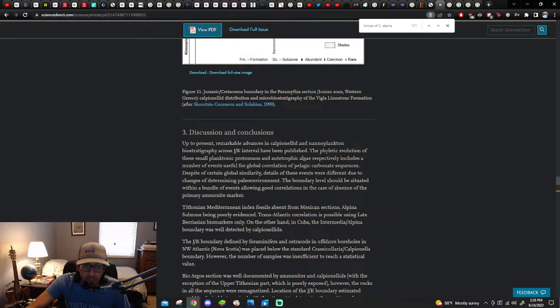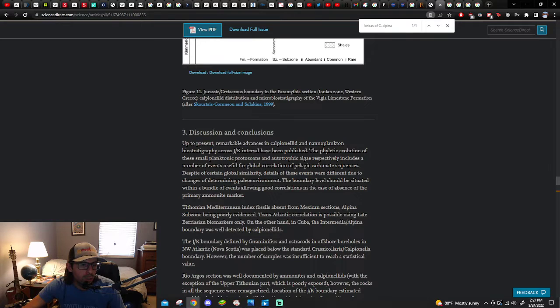The phyletic evolution of these small planktonic protozoans and autotrophic algae respectively includes a number of events useful for global correlation of pelagic carbonate sequences. Despite certain global similarity, details of these events were different due to changes of determining paleo environment.